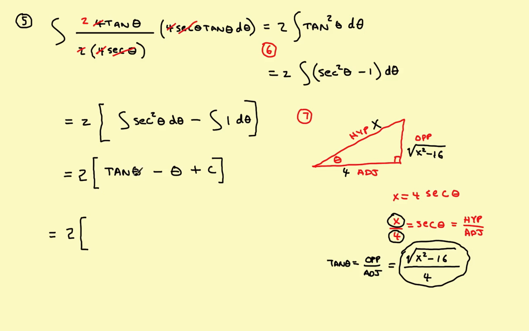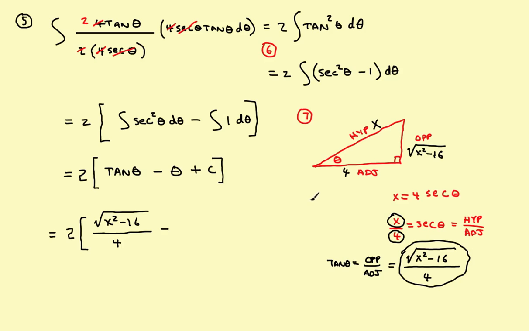So you can replace this tangent of theta with what it's equal to. So this will turn into the square root of x squared minus 16 divided by 4. Then you've got minus, now you've got theta. Now, a couple ways you can find theta. Use the easiest one. In this case, you can use any one of the trig functions to find it. But since you've already kind of got it set up here, let's go ahead and use this.